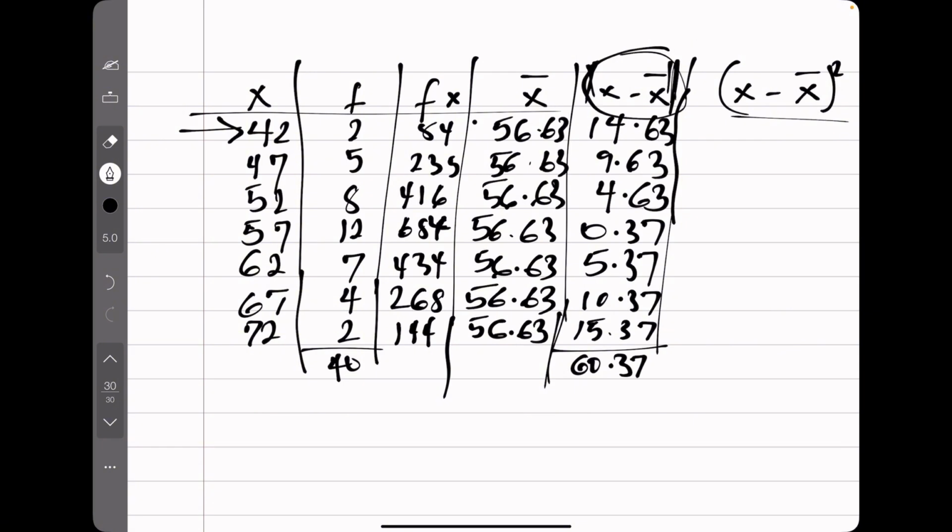So 14.63 raised to power 2 will give you 214.04. 9.63 square will give you 92.74. 4.63 square will give you 21.44. 0.37 square will give you 0.14. 5.37 square will give you 28.84. 10.37 square will give you 107.54.